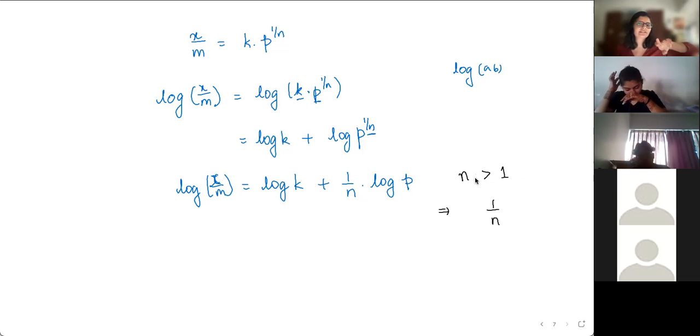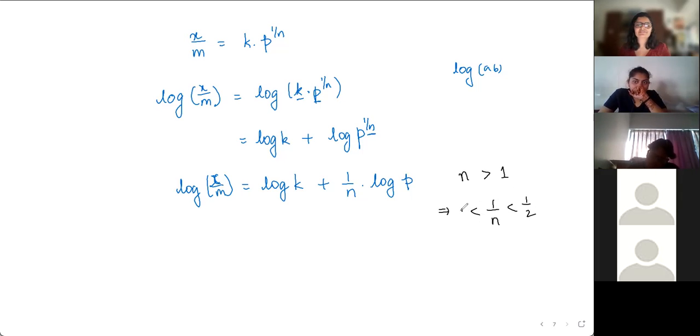Taking the reciprocal, what will be the minimum and maximum for 1 by n? 1 by 2. 1 by 2 is 0.5. So that's minimum or maximum? Minimum. No, 1 by 2 is the maximum, and 1 by infinity is the minimum.